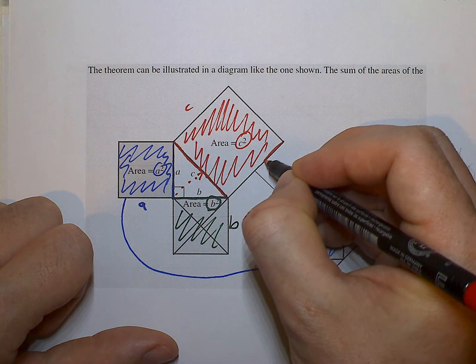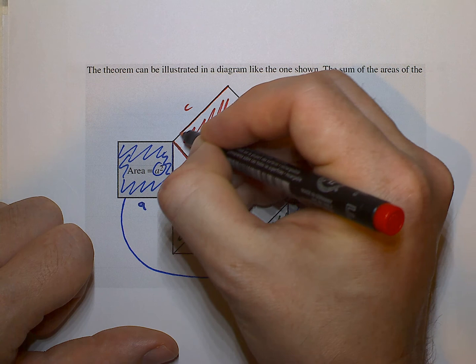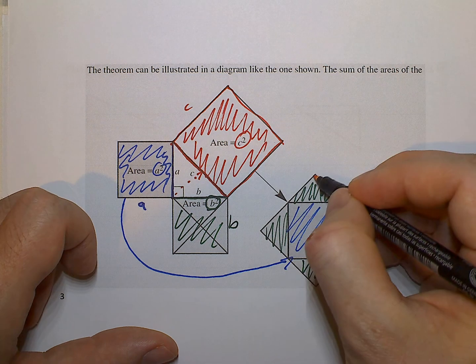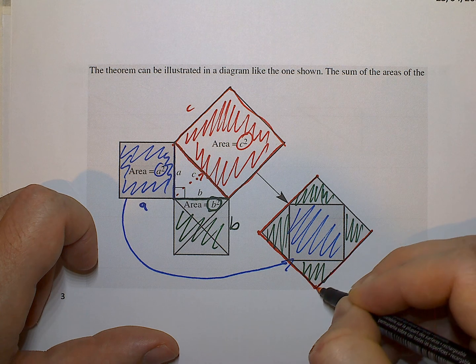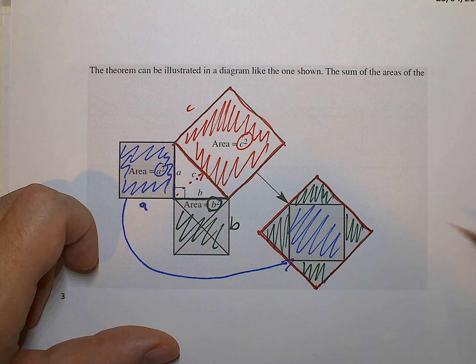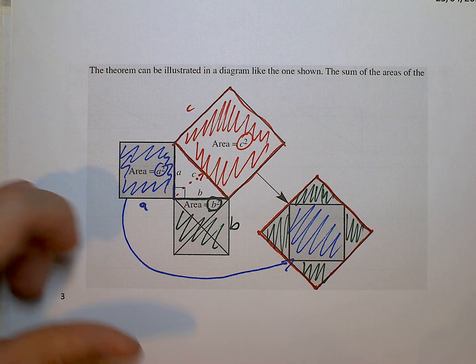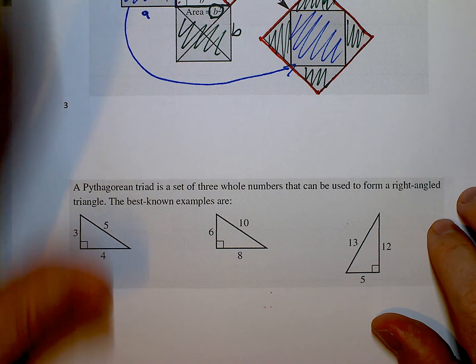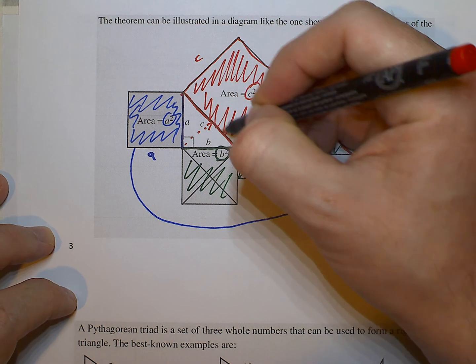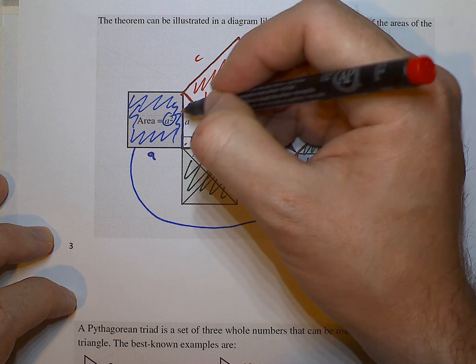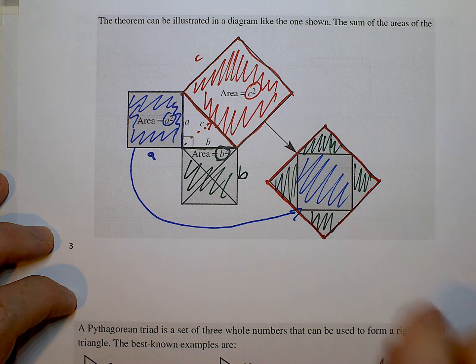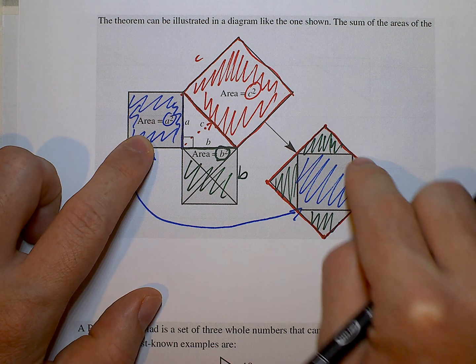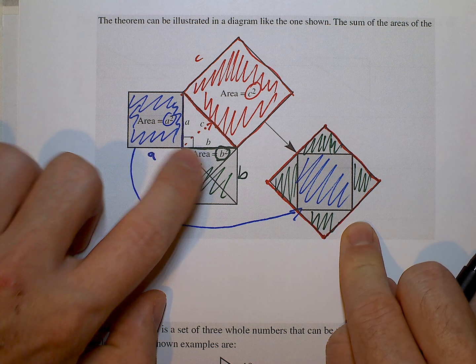So we could say that this C squared matches the areas of the other two sides squared. We don't need to do this all the time, but this is just an introduction: the longest side, C squared, equals this side squared and this side squared added together. Because we're adding this blue and this green to make this shape, and it equals the same size as our red shape.